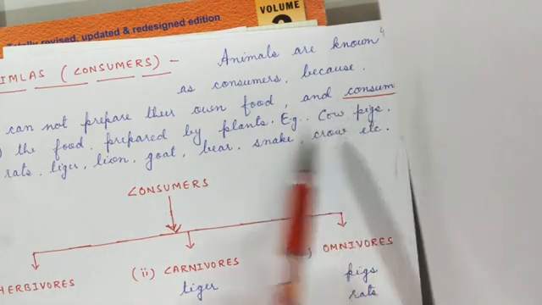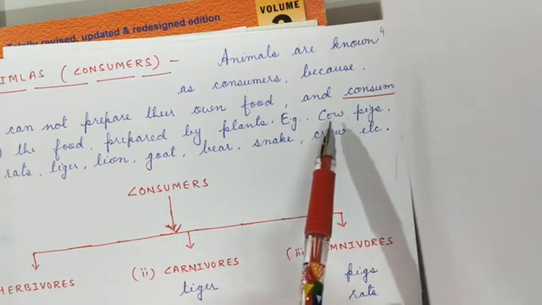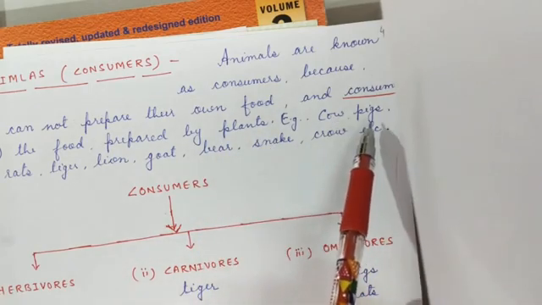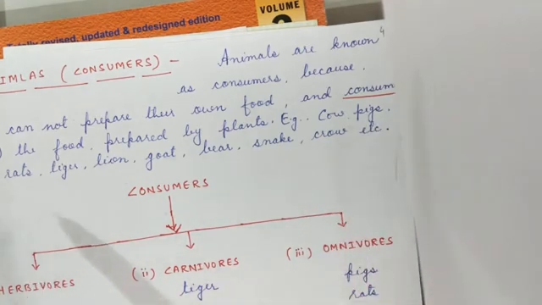You know very well that cow eats what? Only plant parts. Pigs, they eat both plants and animals. Same way here, tiger and lion, they eat only the flesh of other animals.